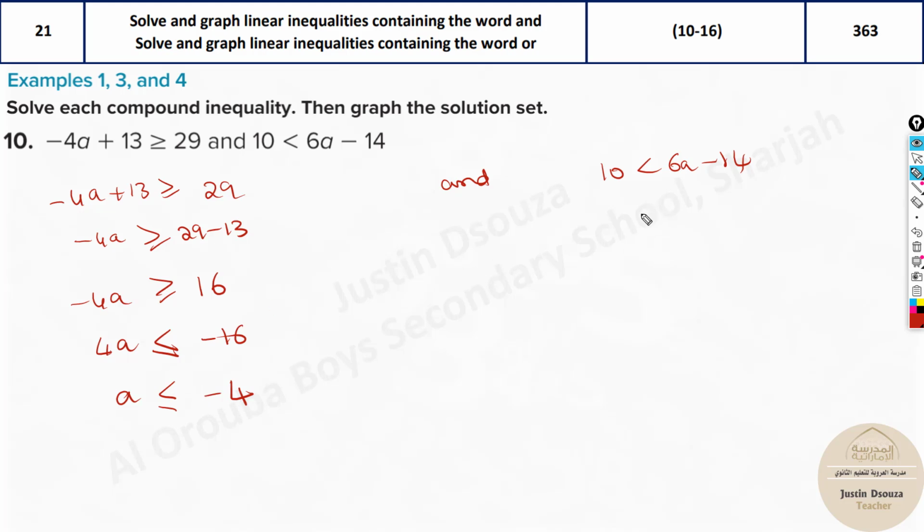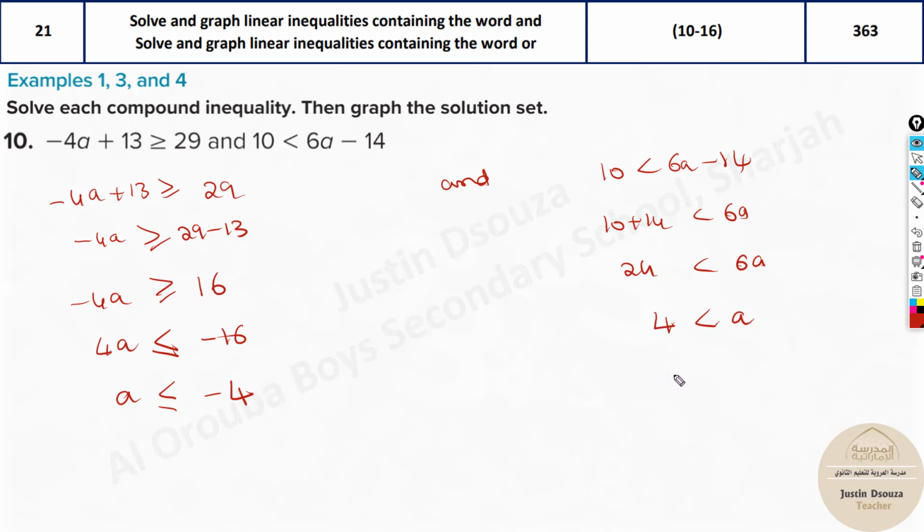What about the next one over here? Let's solve this. Here we have 10. Take this 14 to the other side, it will be 10 plus 14 less than 6a. It will be 24 less than 6a. And what do we have over here? It's 6. 24 divided by 6 is 4, less than a. We will write it. Now we are not changing the symbol. Just a is greater than 4.